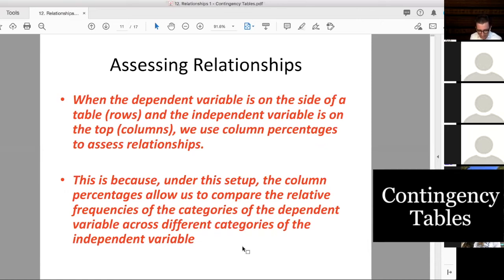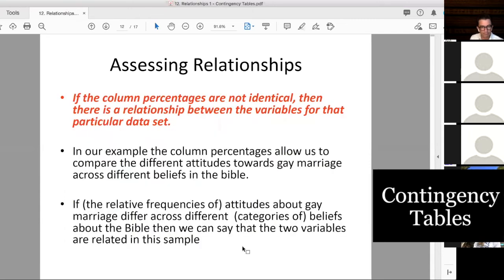We want to compare distributions, right, for each category of the dependent variable, across categories of the independent variable. Okay. When the column percentages are not identical, then there is a relationship. Right?